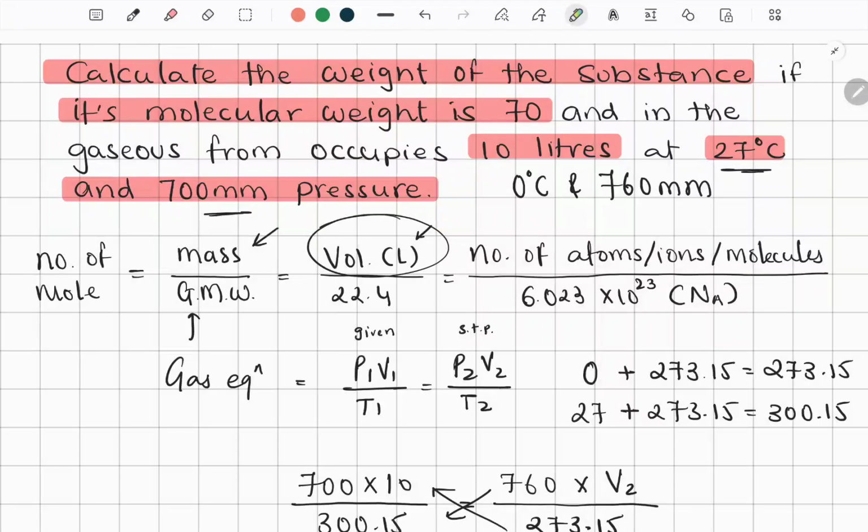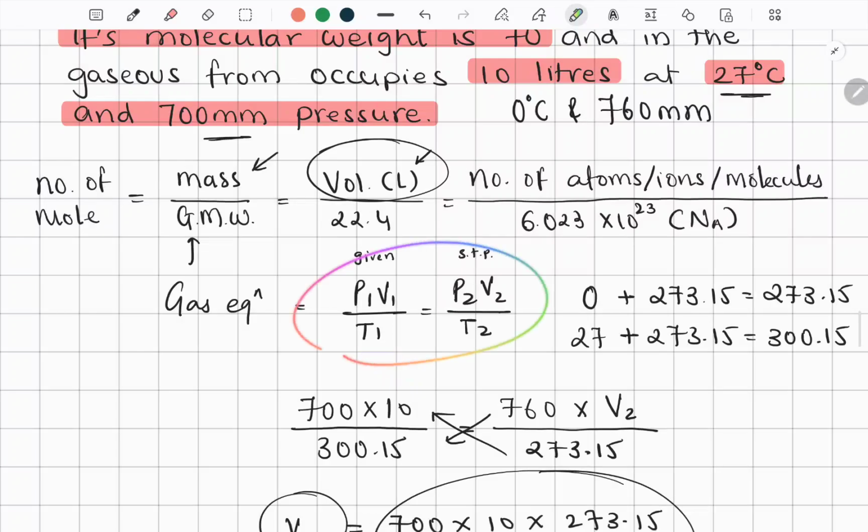Then how do we calculate the volume at STP? We use the gas equation: P1V1 upon T1 is equal to P2V2 upon T2. Note that in this equation the temperature should be in Kelvin and not in degree Celsius. If it is given in Kelvin, better. If not, we can easily convert it by adding 273.15.